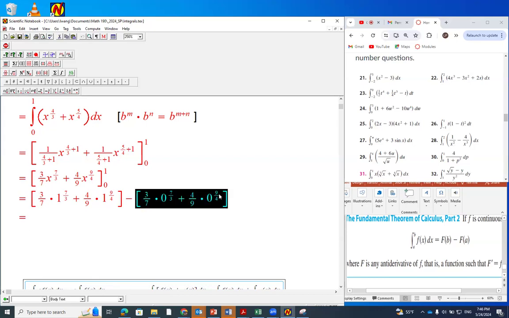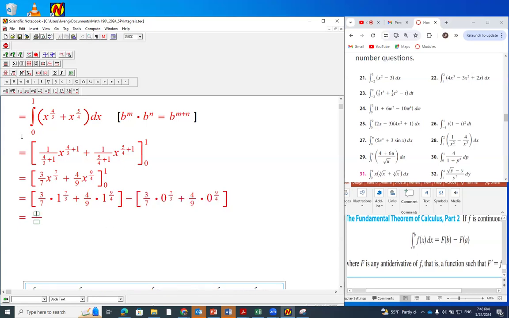So in the end, this piece is 0, and the former piece is 3/7 plus 4/9. To make it perfect, you probably have to find a common denominator. The common denominator is 63.